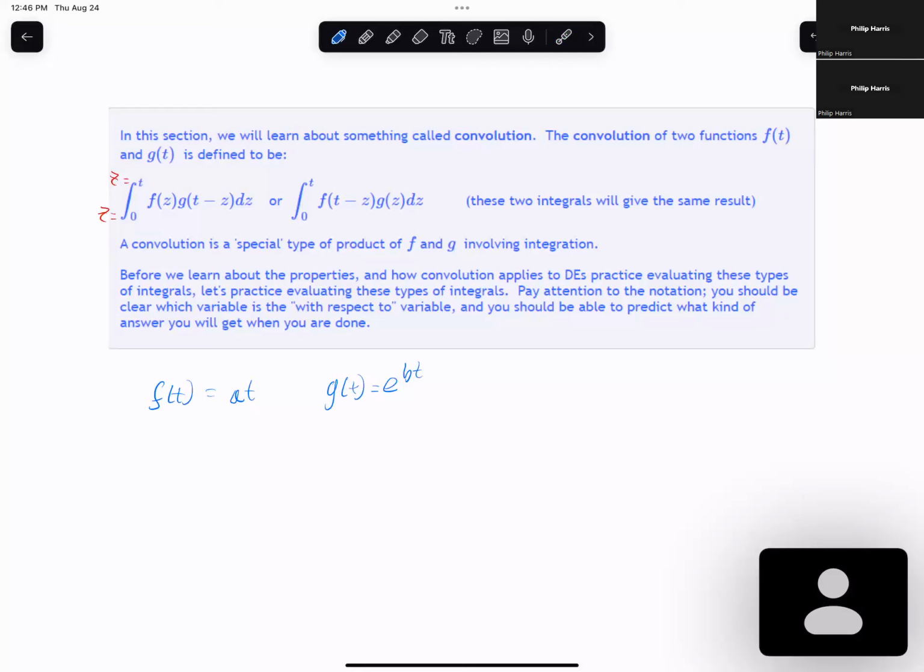When you see the question, it will be set up like a convolution integral, and you will be integrating with respect to z. In the first example, you will do f of t minus z. So you will have a t minus z here and an exponential in z here, and you will need to integrate an expression like this.